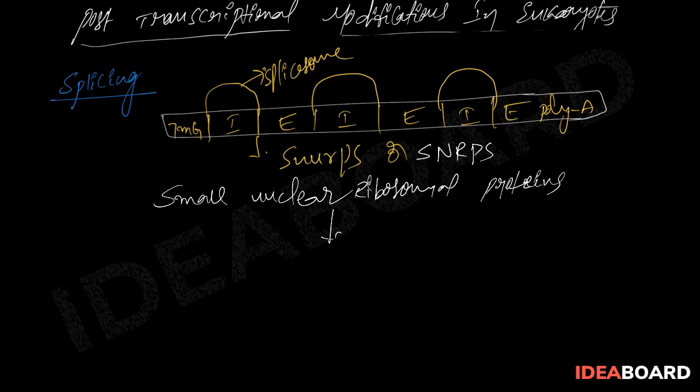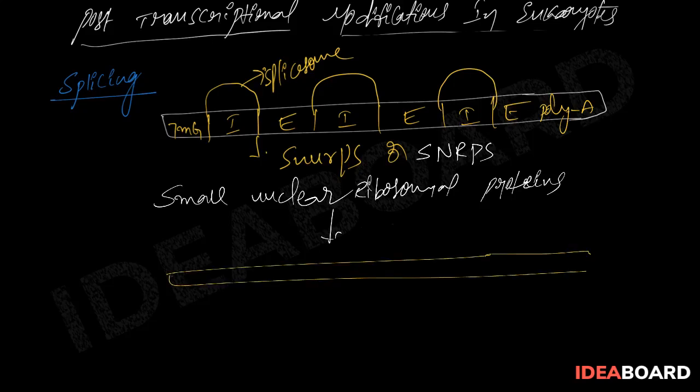After this the spliceosome complex is formed and the introns are removed. So this is 7-methylguanosine, then only exonic sequences are joined here.